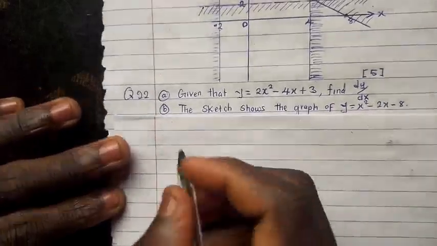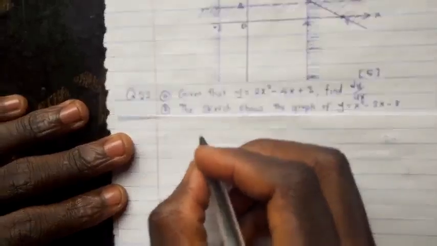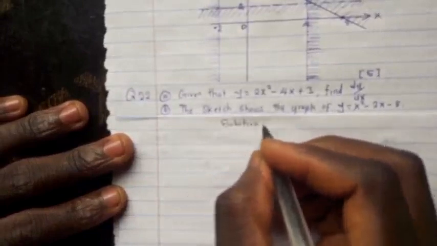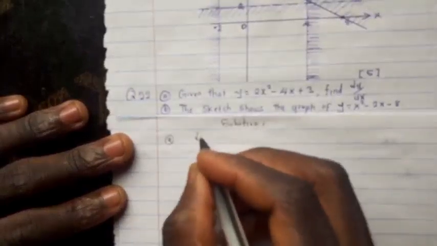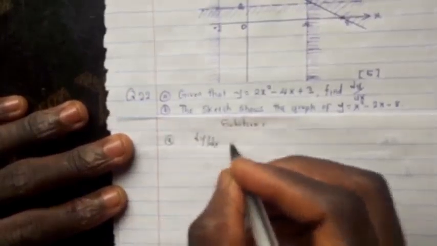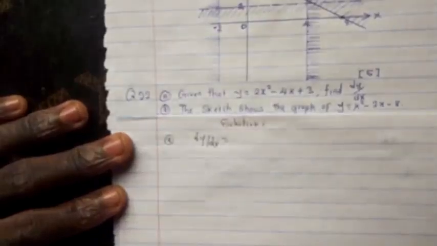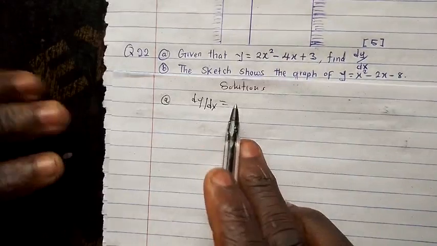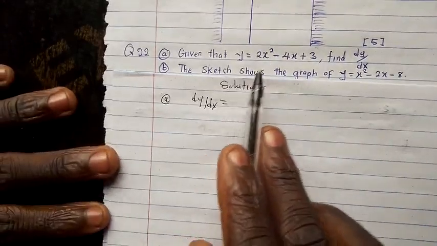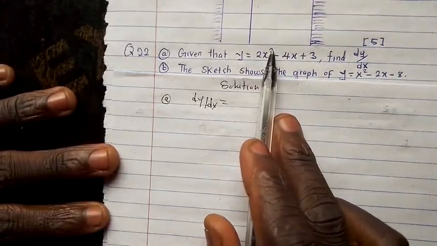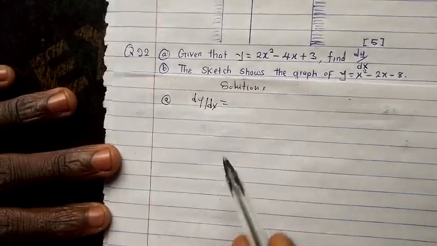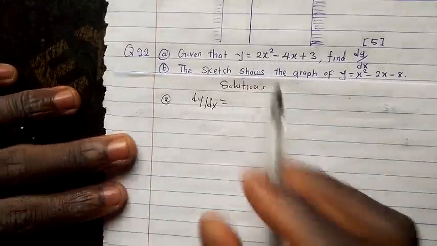So when finding dy/dx, I'm going to write the solutions. So dy/dx is equal to, in this part here, as you can see, this number 2 is going to multiply with the base, which is 2 here. So it's more like you're multiplying 2 multiplied by 2.